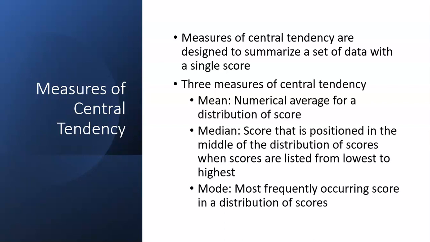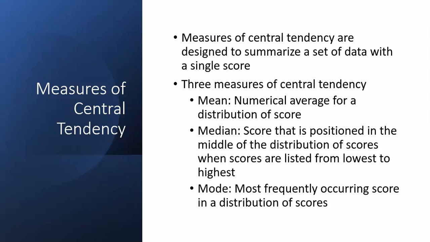The types of measures of central tendency that are typically used in psychological science, the most common by far is the mean, or the numerical average, where you take all of the scores, you sum them, and divide by the number of people or the number of scores.